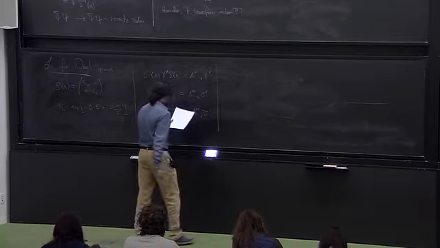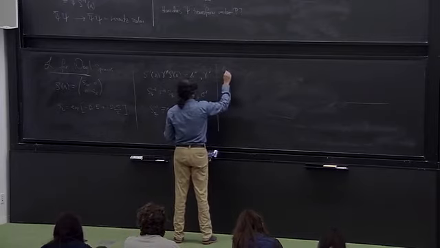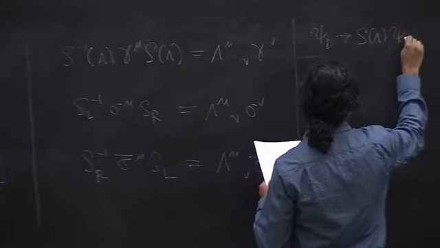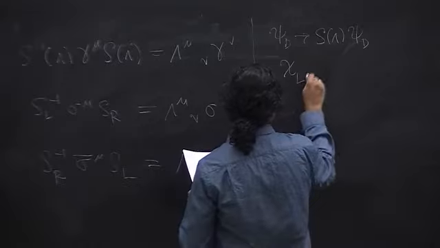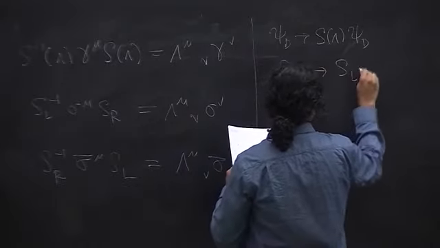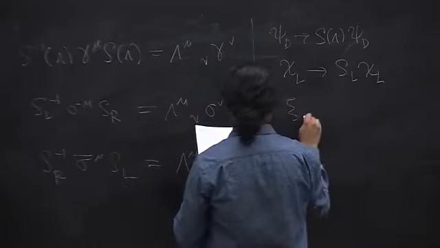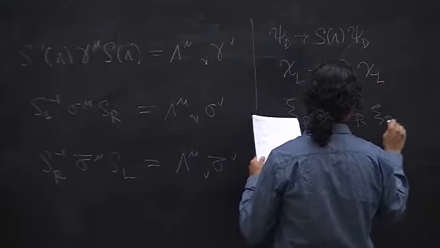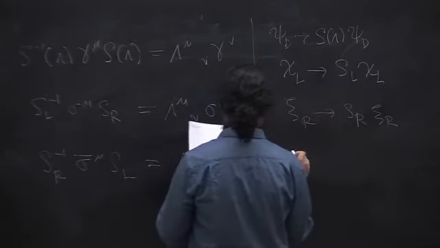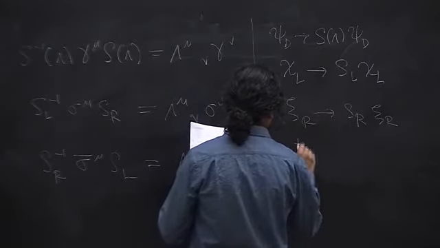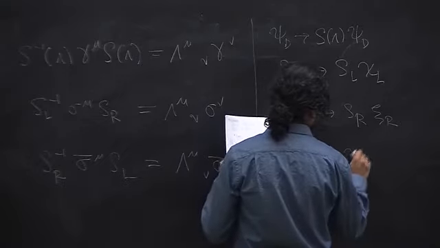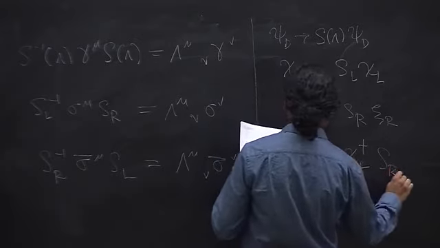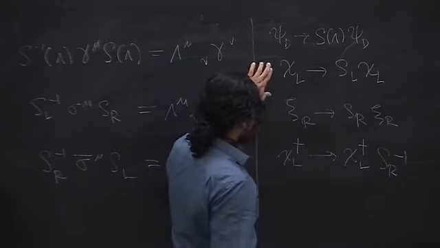You can also show, we already know this, but let me write it out anyway. Chi_L goes to S_L of chi_L. Psi_R goes to S_R of psi_R. However, chi_L dagger goes to chi_L dagger times S_R inverse.